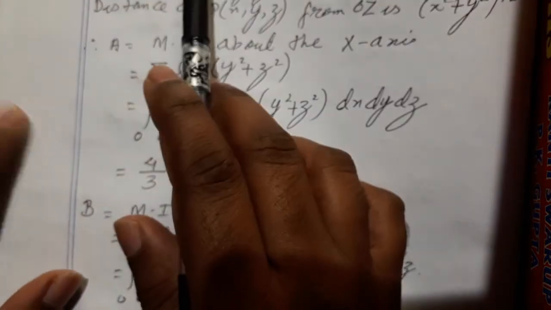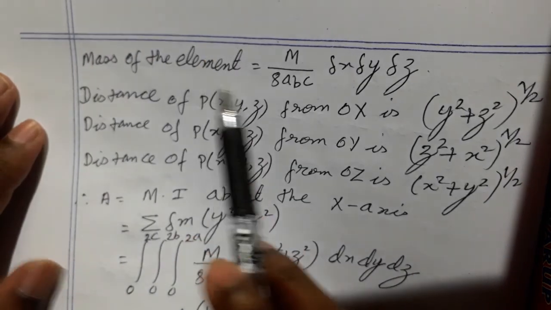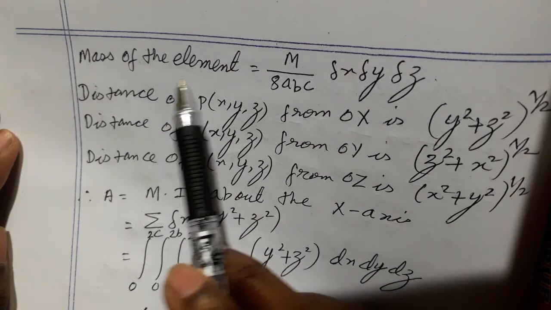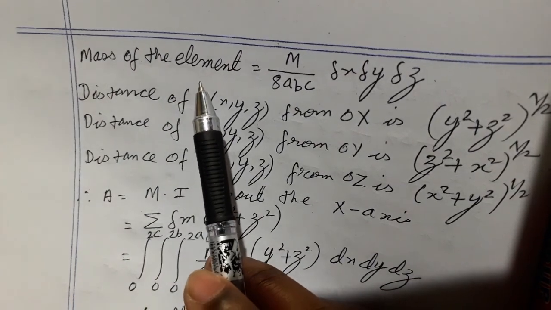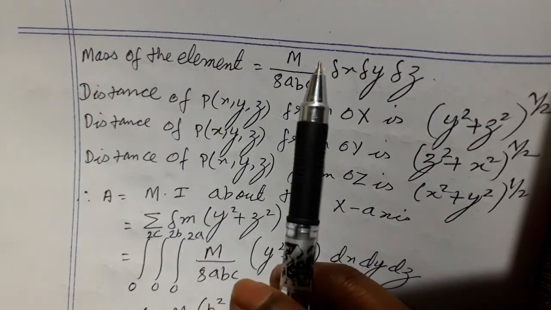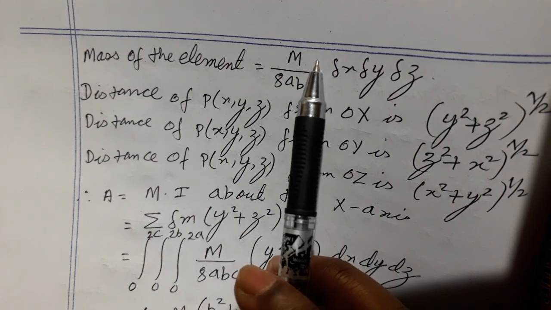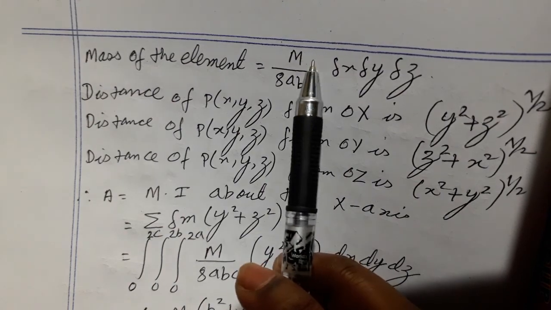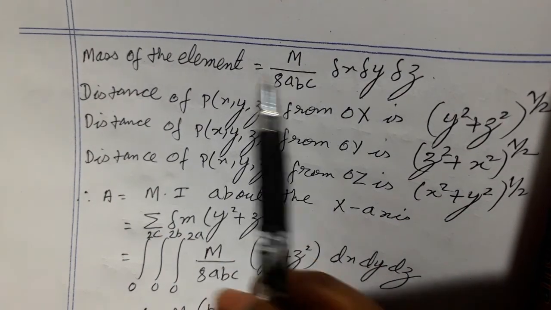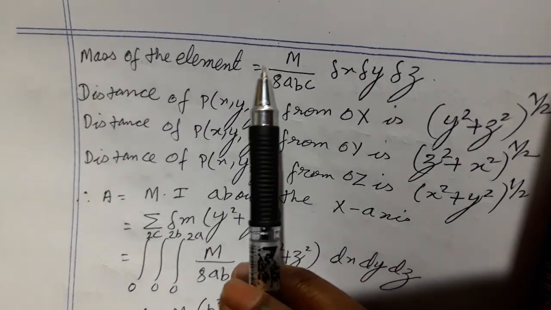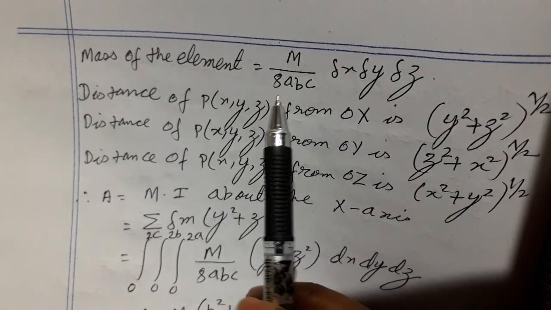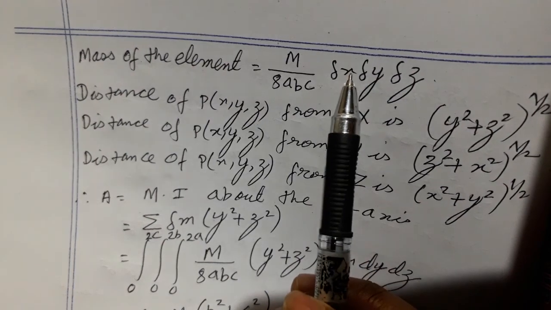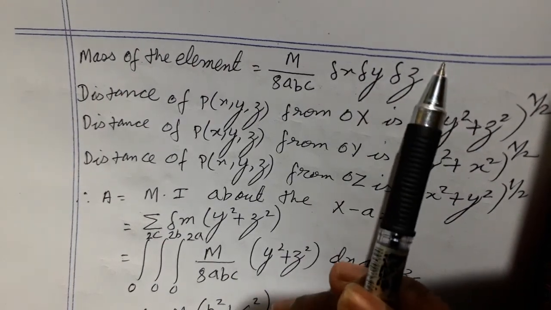Now take one element inside this block, with length delta x, breadth delta y, and height delta z. The mass of that element is m divided by 8abc times delta x delta y delta z.